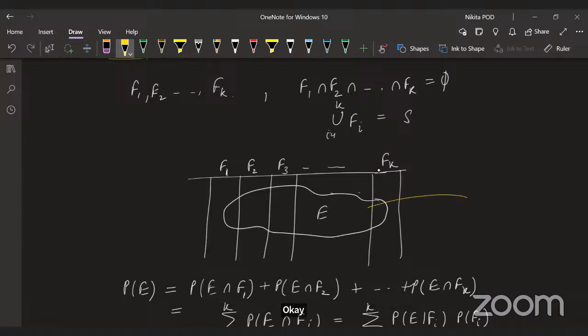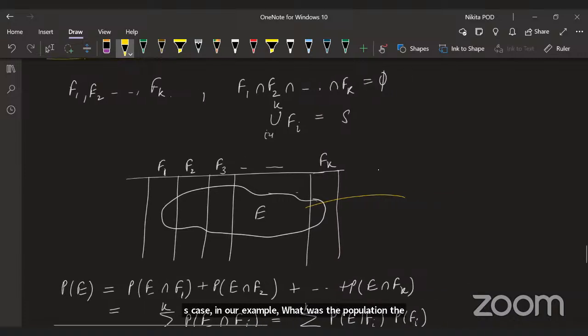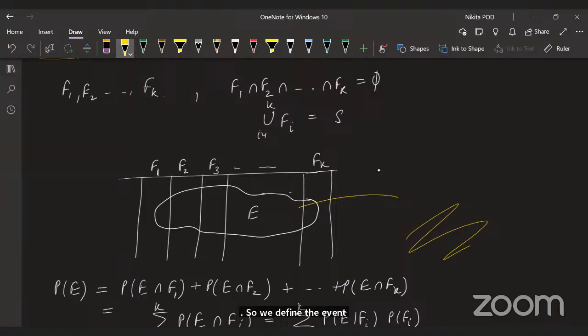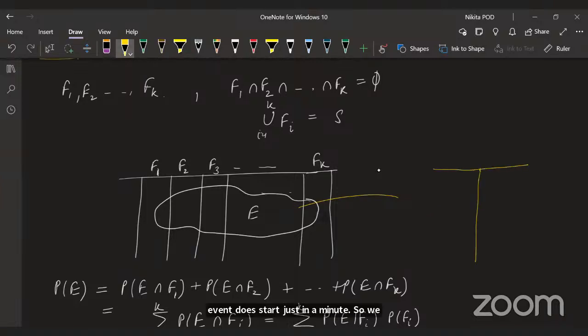So in our example, what was the population? The population consists of only male and female, right? So we had male, let's denote it as M, and female. Male is 55%, and female we are saying is 45%.